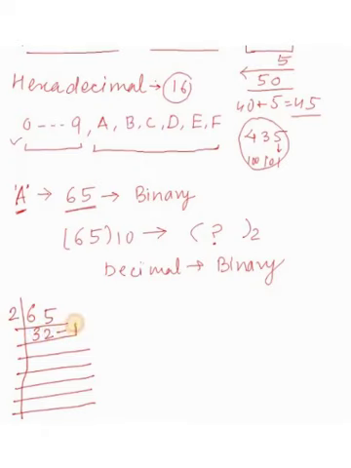We write the remainder on the right hand side. Then again divided by 2, it will go 16 times and the remainder will be 0. Again we divide by 2, 8 times with 0 remainder. Divide by 2, 4 times, 0 remainder. Divide by 2, 2 times, 0 remainder. Divide by 2 again, 1 time, 0 remainder.